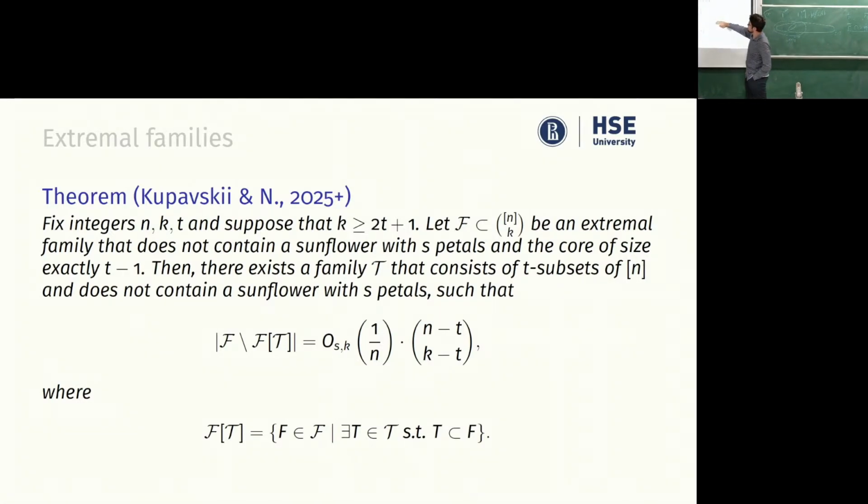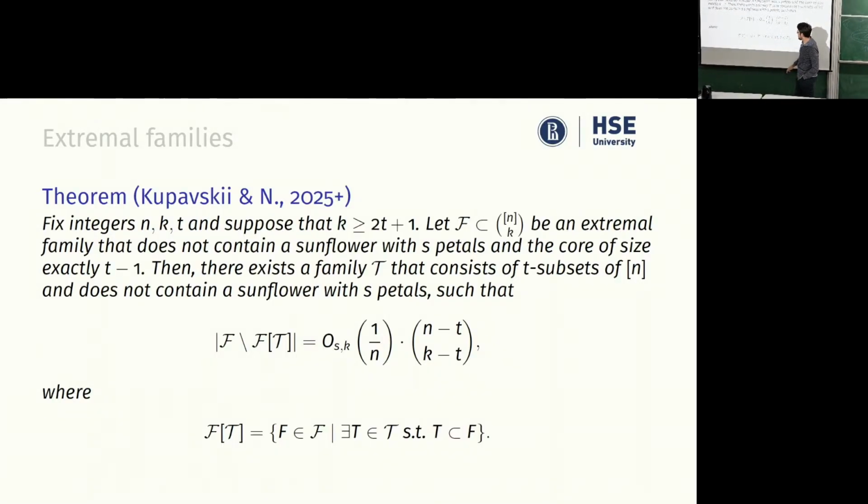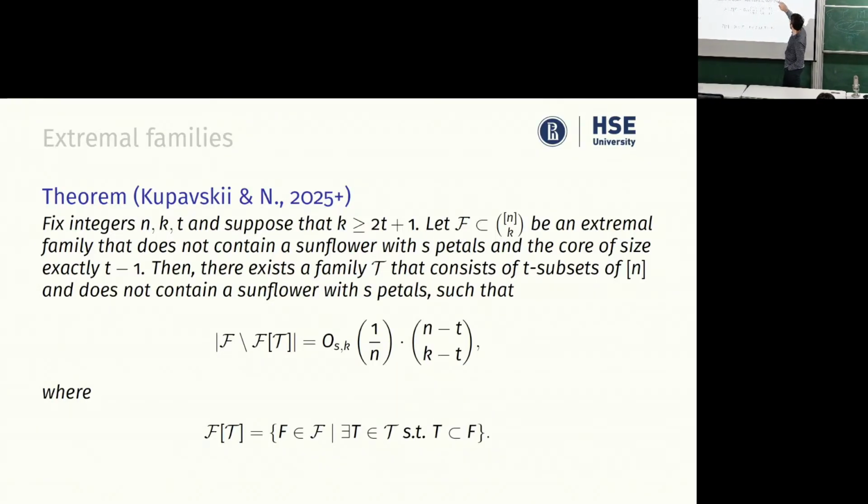In particular, F can be almost fully covered, up to some remainder which is a 1 over n fraction of all sets of F, by some family T that consists of sets of size t and doesn't contain a sunflower with S petals. So in particular, it doesn't contain a sunflower with S petals and core size at most t minus 1.